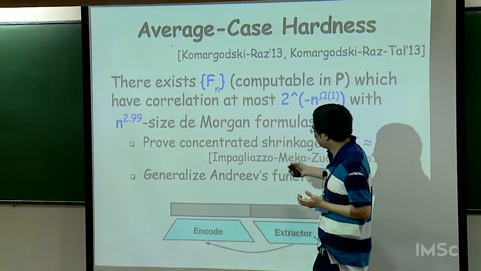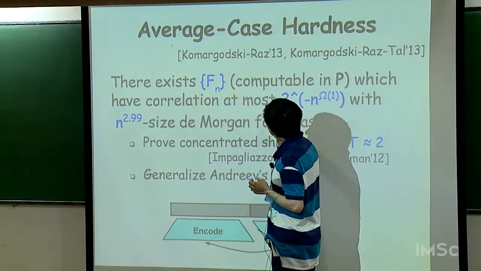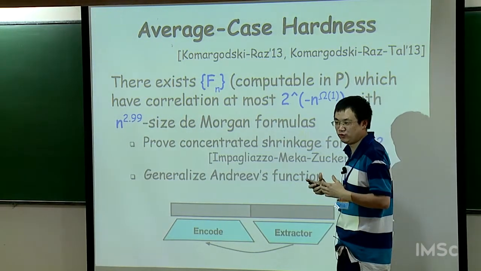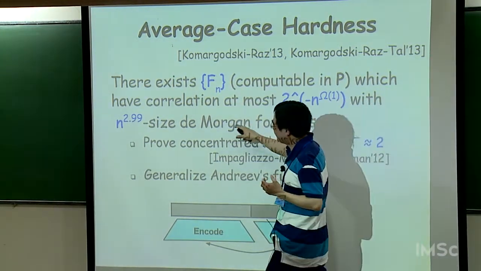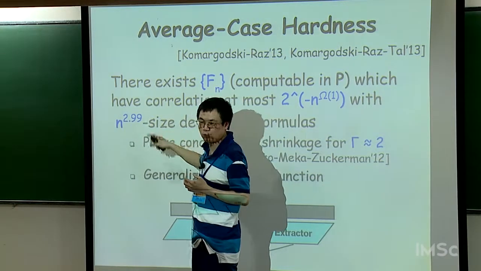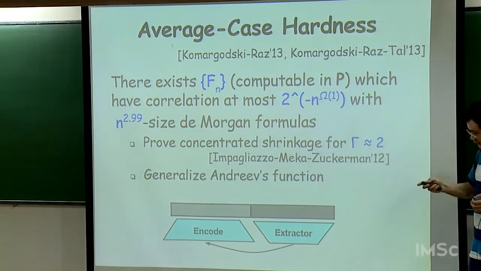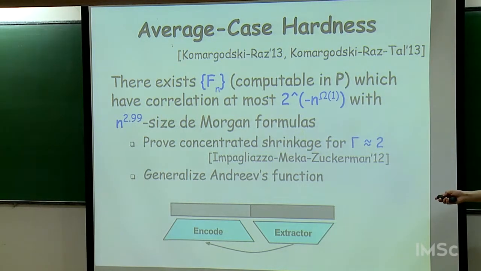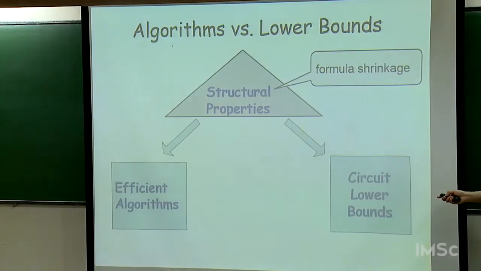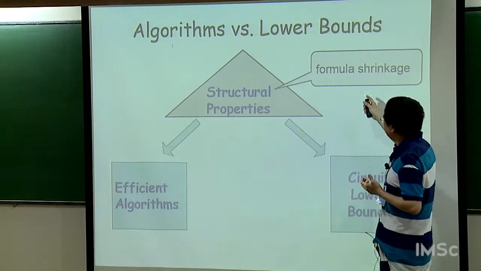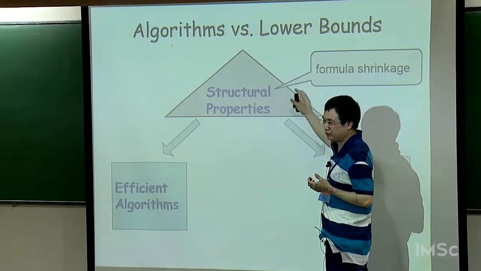Okay, short summary. In the KRT paper, they derived this average case hardness for De Morgan formulas, and it essentially matches the worst case hardness for cubic size. So essentially, we have shown a concentrated shrinkage property for De Morgan formulas.